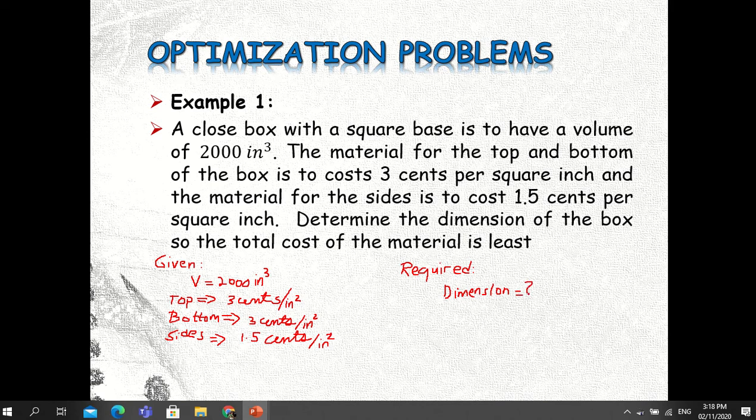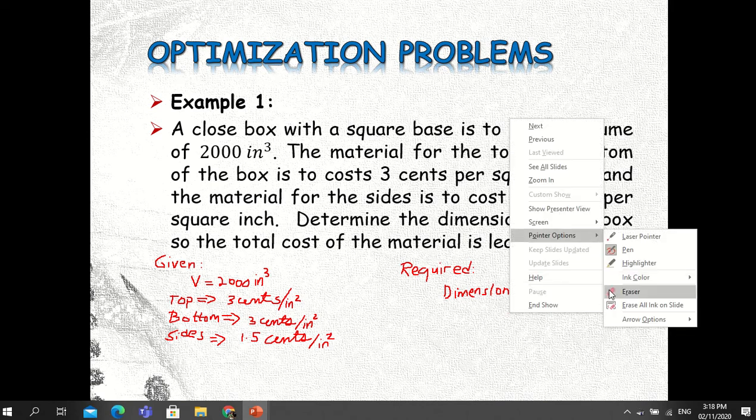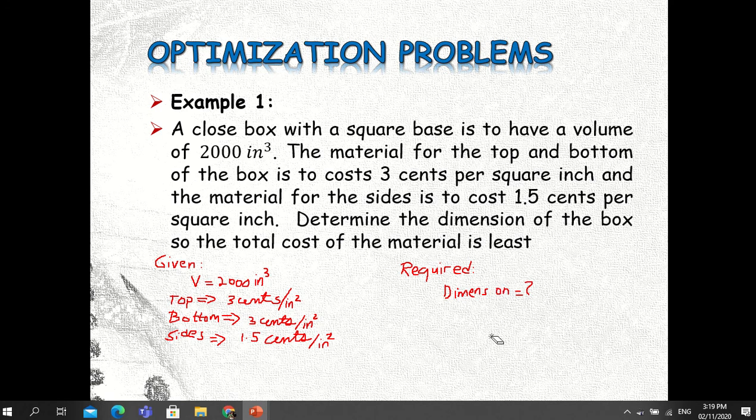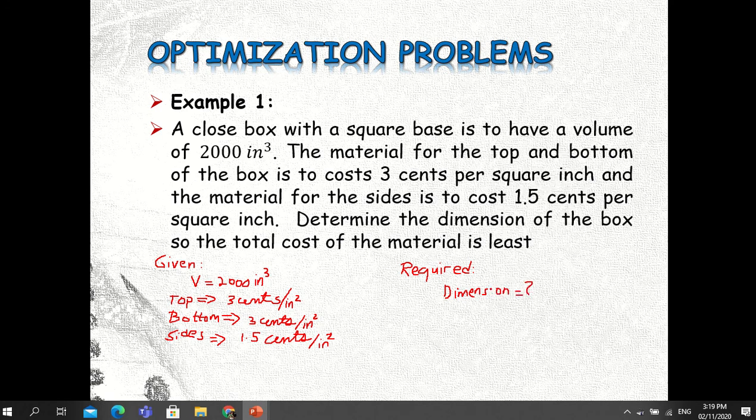Okay, so this is the requirement in the problem. So we need to find the dimensions.